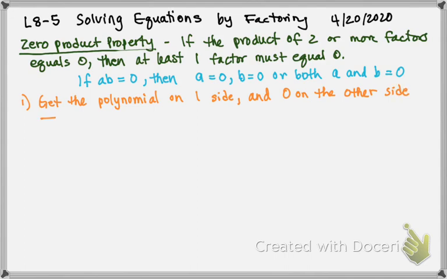Okay, now how do you do that? You're going to use inverse operations, right? And you're going to do it term by term. Inverse meaning if it's an adding, you're going to do subtracting. If it's a subtracting, you're going to do adding, and so on and so forth. Now, key here is put the order in descending degree order. That's how we need to do setups anytime we're going to do factoring.